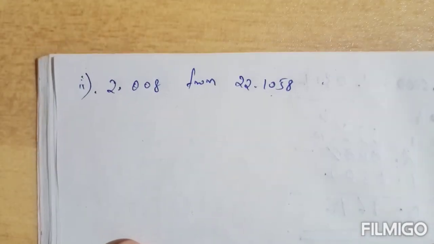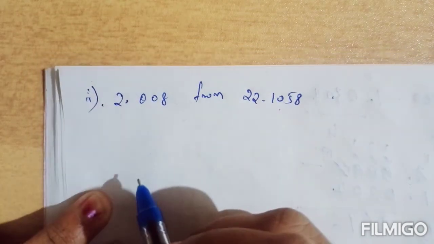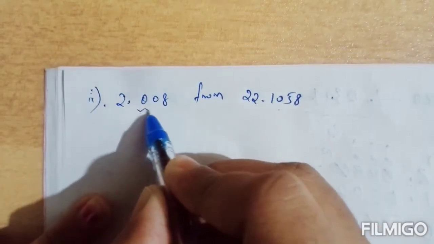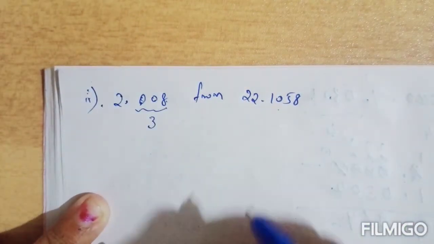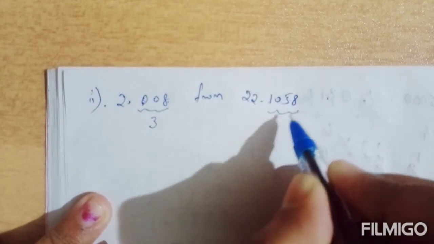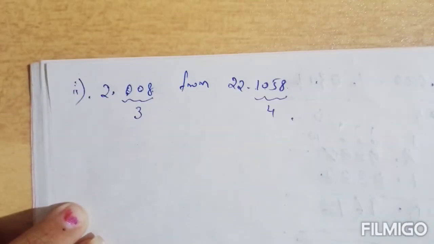Second one, 2.008 from 22.1058. So they are unlike decimal numbers. Here 3 digits are coming after the decimal point. In this 4 digits are coming after the decimal point. So first we have to make the number of digits after the decimal point the same.